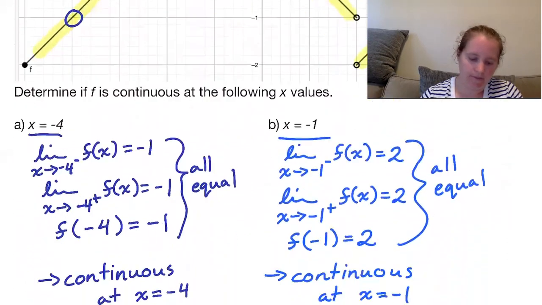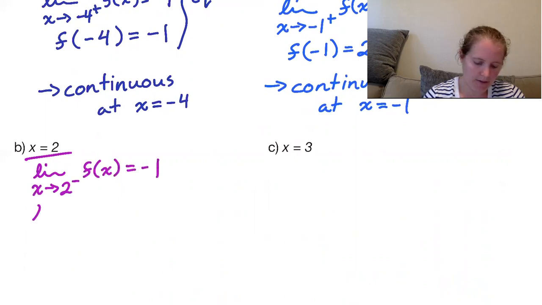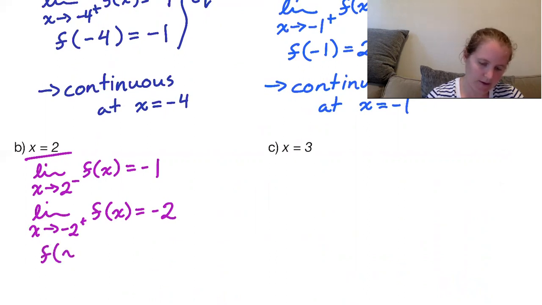So once again, the limit as x approaches 2 from the left of f of x was -1. The limit as x approaches 2 from the right of f of x was equal to -2. And the value at 2 was equal to 0. So these are not all equal.